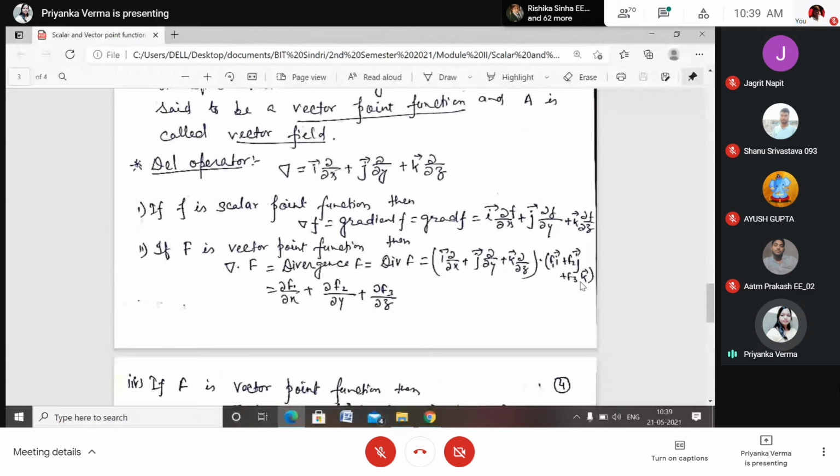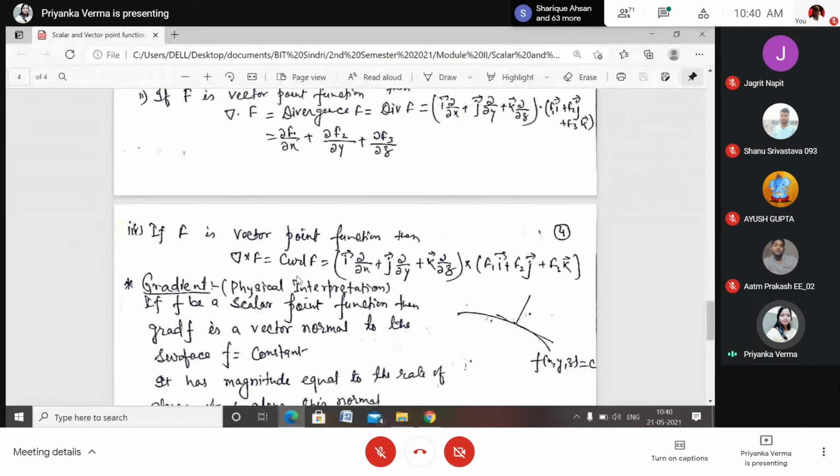Now you are taking the dot product. So i dot i is 1, so this will give del f1 by del x, j dot j is 1, so this will give del f2 by del y. k dot k is 1, so this will give del f3 by del z. So this is divergence of f. Now you got it. This is gradient. This is divergence.